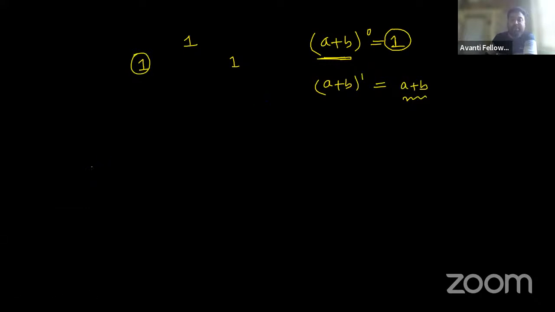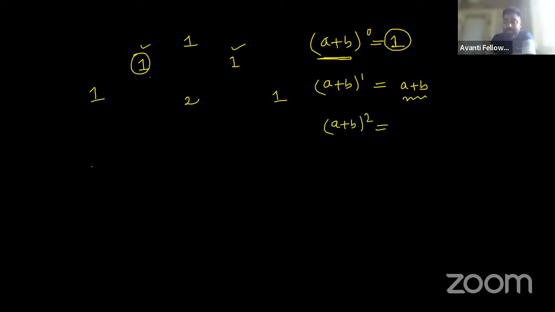Now again, start with 1, and here also write 1. Then add these two ones: 1 plus 1, and write here 2. Now try to write a plus b whole square.